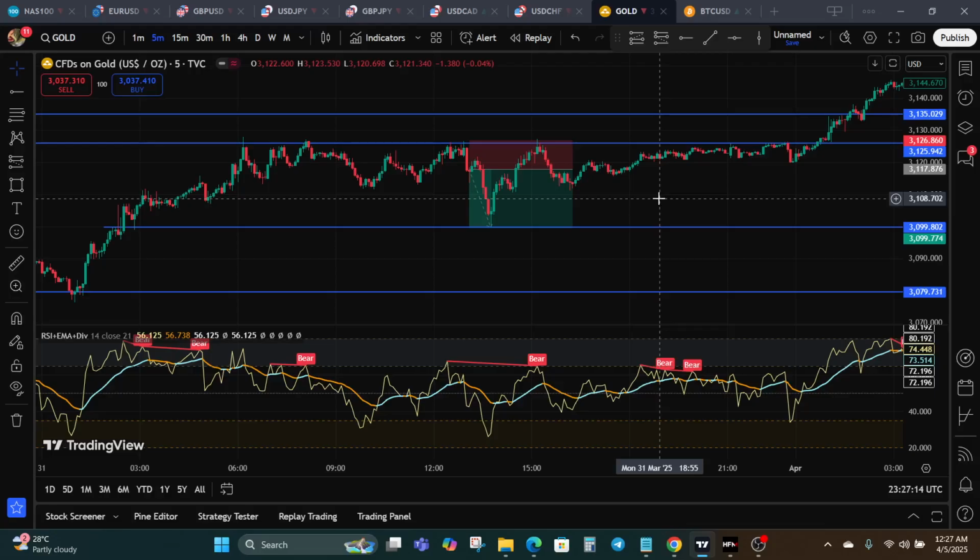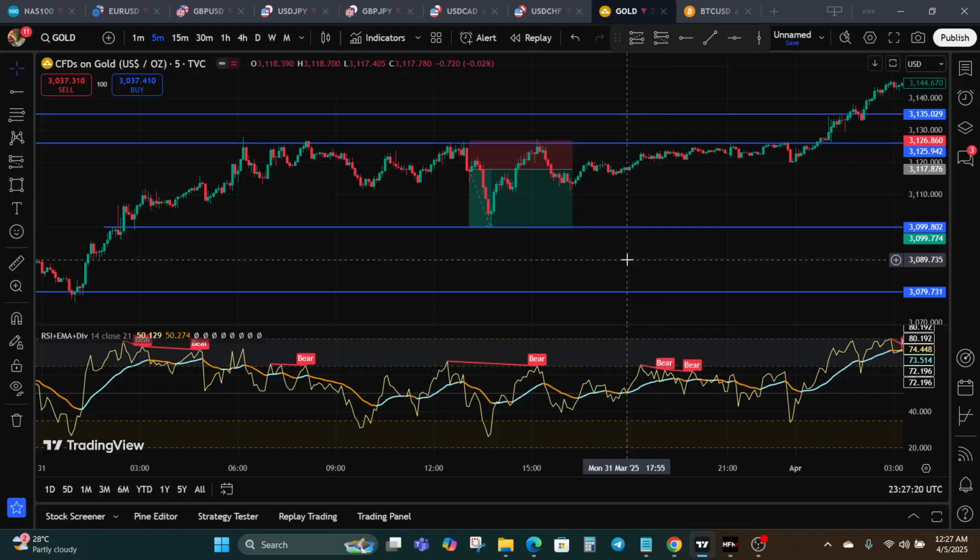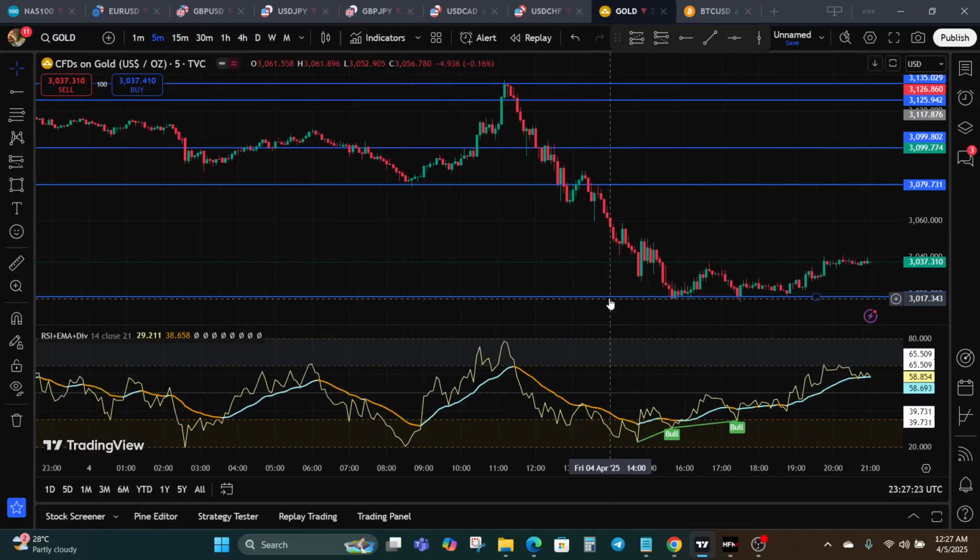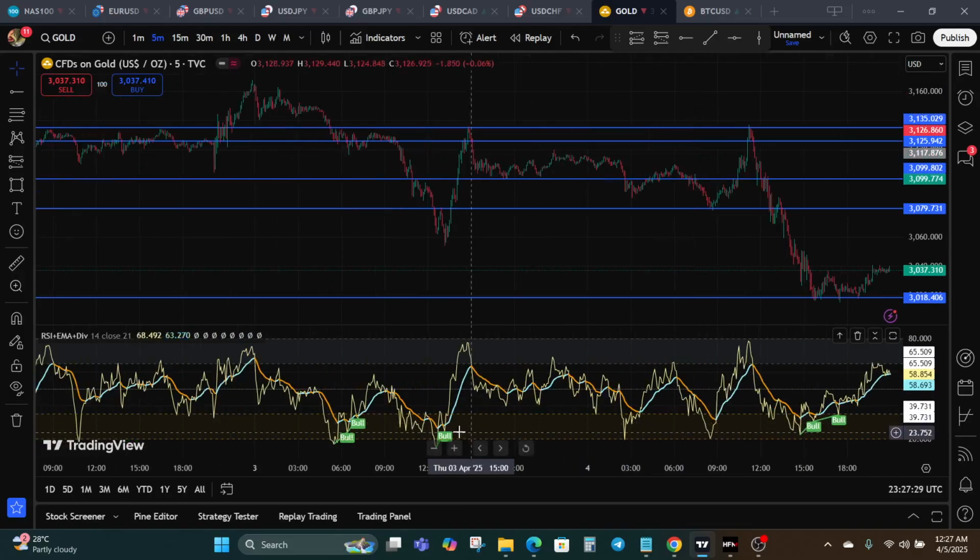Now, one of the good things about this version is that it helps filter out noise, and you can see that the indicator presents multiple signals. It gives you divergence signals.